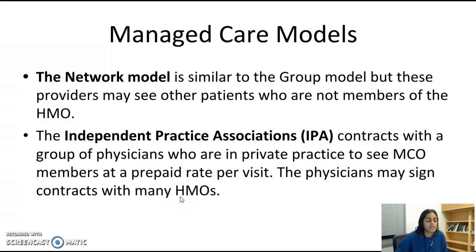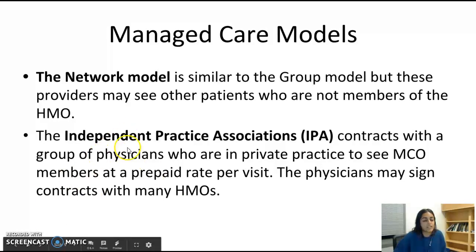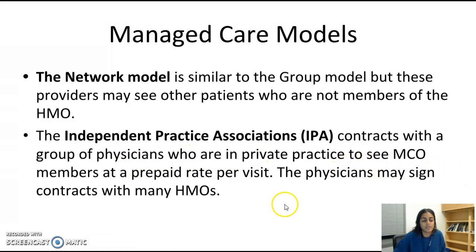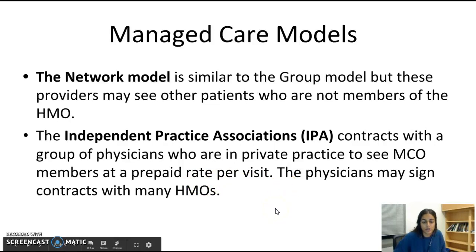The network model is similar to the group model, but these providers may see other patients who are not members of the HMO but are in the same network. The independent practice associations, IPA, contract with a group of physicians who are in private practice to see MCO members at a prepaid rate per visit. The physicians may sign contracts with many HMOs.